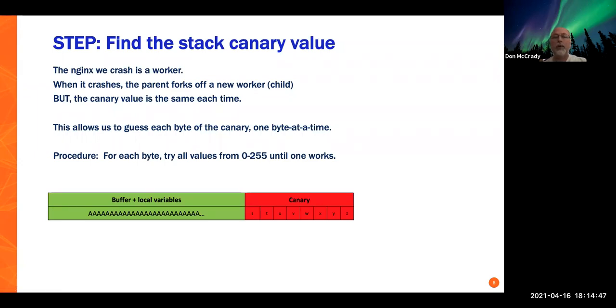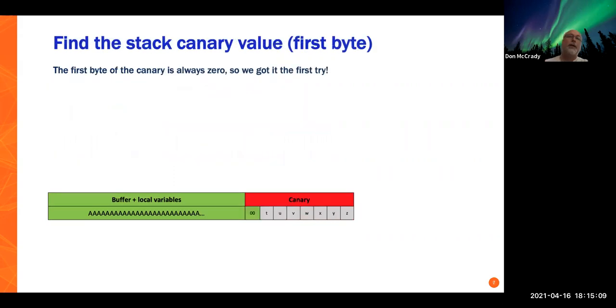I'm not going to overwrite the remaining 7 bytes of the canary. I'm going to leave them unclobbered. I'm only going to overwrite S, and I'm going to try 0. And if it crashes, I'm going to try 1. I'm going to try 2, 3, 4, 5, all the way up to 255 until I find something that doesn't crash. So let's see what that looks like.